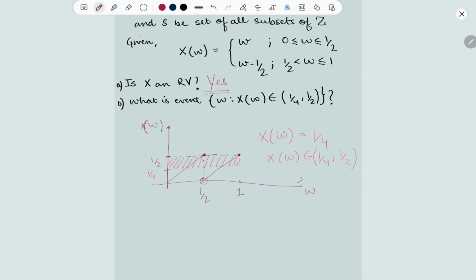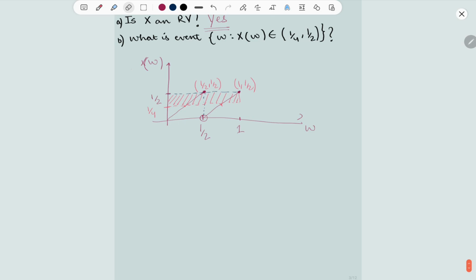Now we already know that this point is (1/2, 1/2). This point is (1, 1/2). Now we have to find these. For what value of omega will we get x(omega) equal to 1/4?